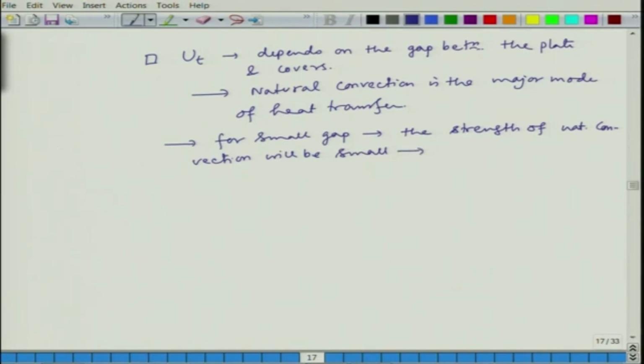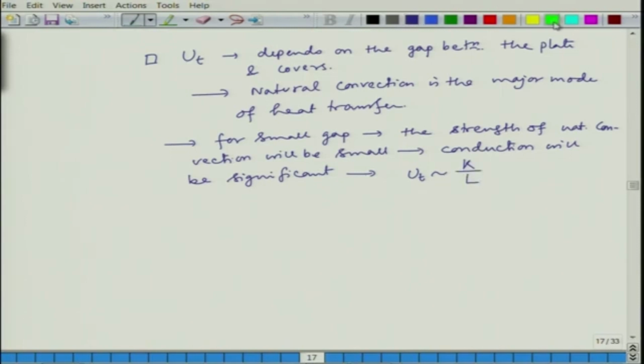So, if the natural convection is small, then the conduction will be significant compared to the natural convection. So, what we can expect if it is only conduction, what will happen? In that case, this UT will be close to this value, right.